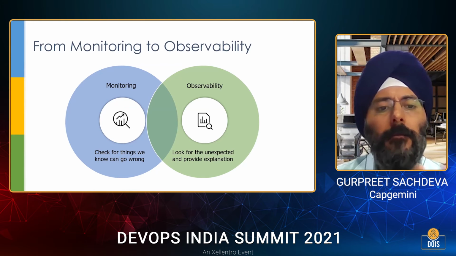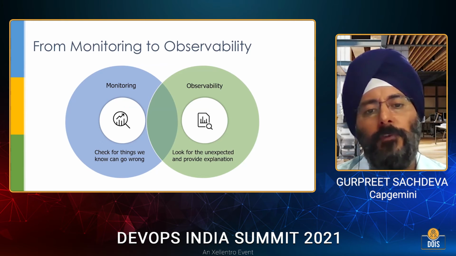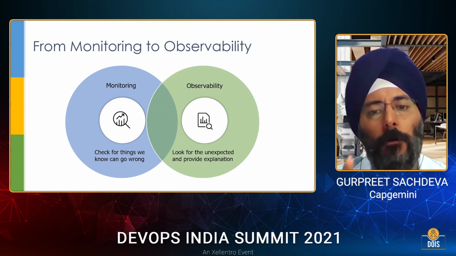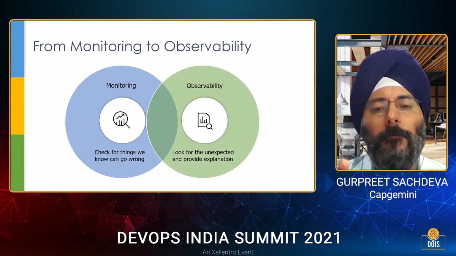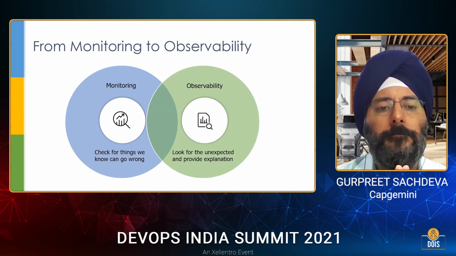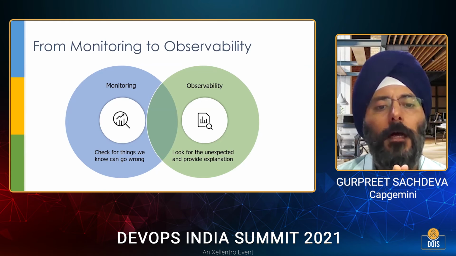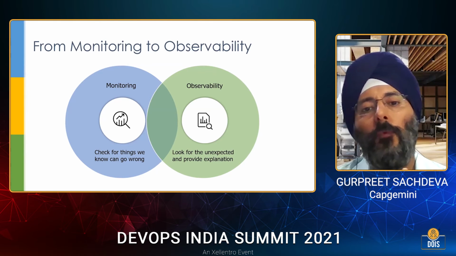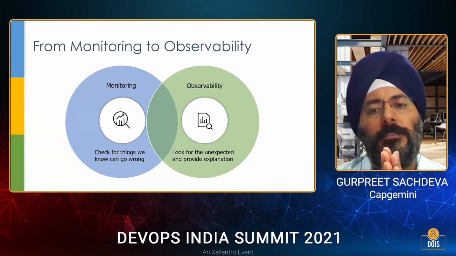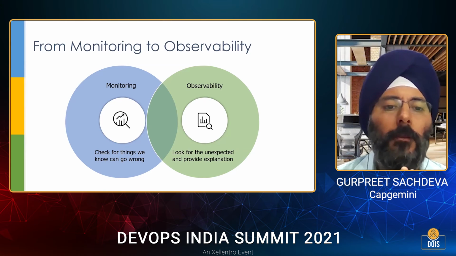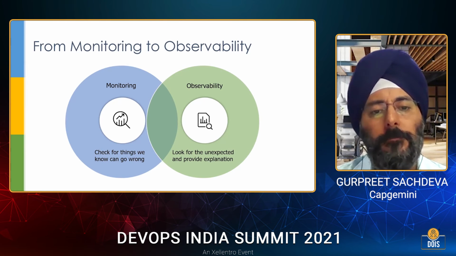Observability, on the other hand, tries to create a system where we don't know what will go wrong and when it will go wrong. But when it does go wrong, we have enough information to perform further investigation. Also, as per control theory, observability is a measure of how well internal states of a system can be inferred from knowledge of its external outputs.